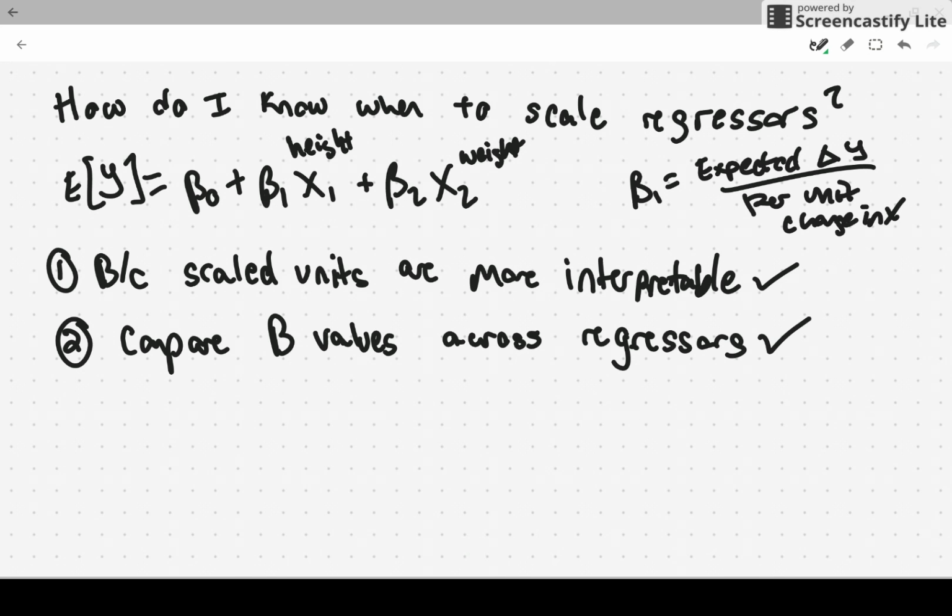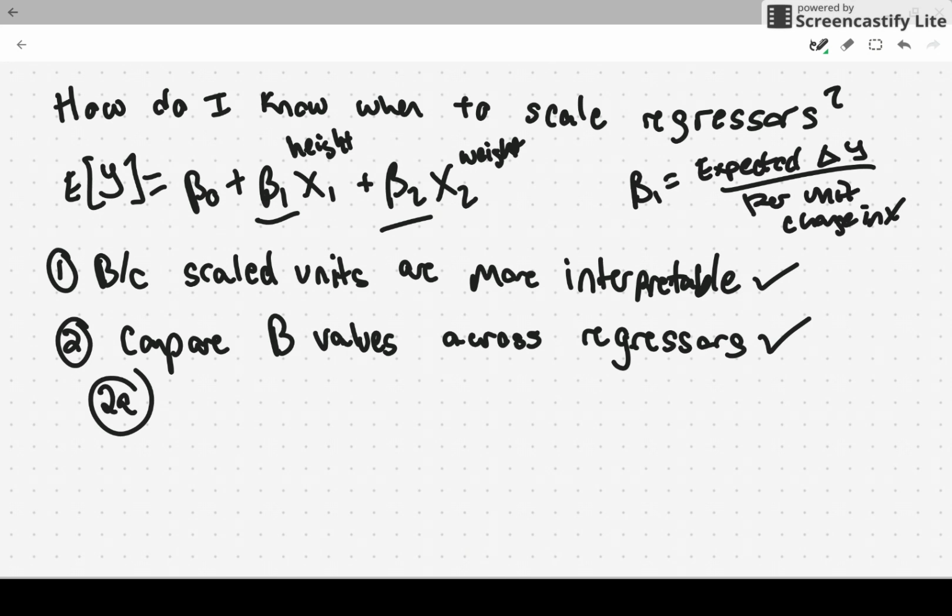Another reason that you often see is if you want to compare the coefficient values across regressors. If we want to compare the magnitude of beta 1 and the magnitude of beta 2, we can't do that, because the units are not the same if we haven't rescaled our x's. This comes up a lot in some modern statistical problems.